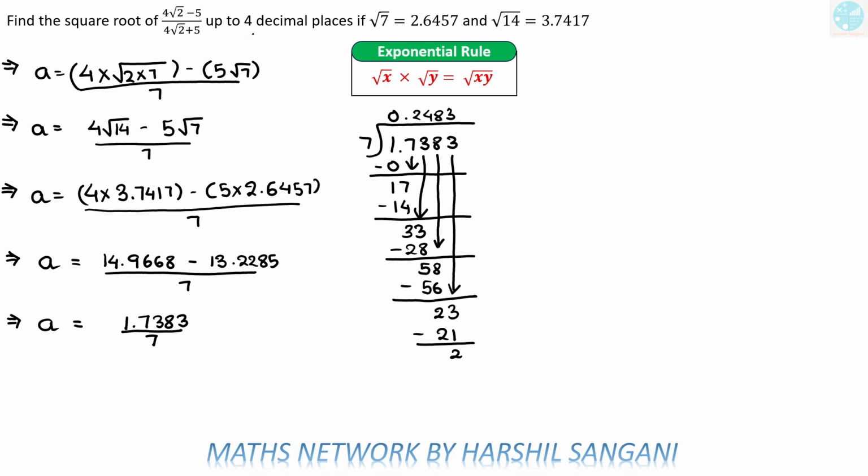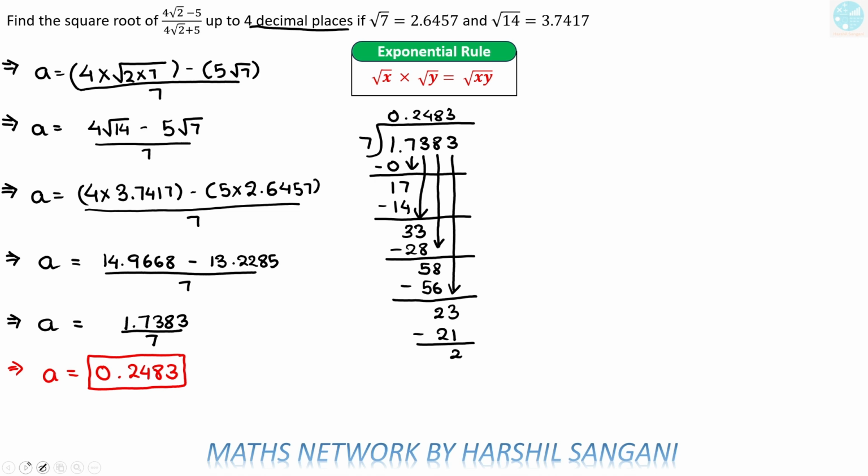And we have been asked to find the answer up to 4 decimal places only. So our answer for this question will be A equal to 0.2483. If we continue dividing this, we will not get an end and the numbers will keep on increasing, so we have been asked to get the answer till 4 decimal places.